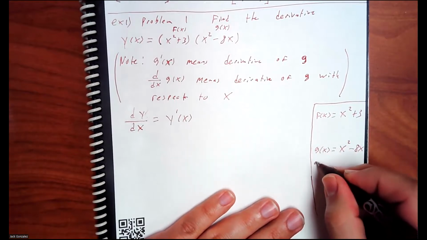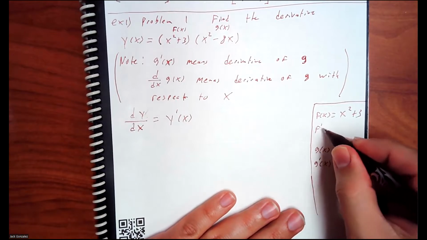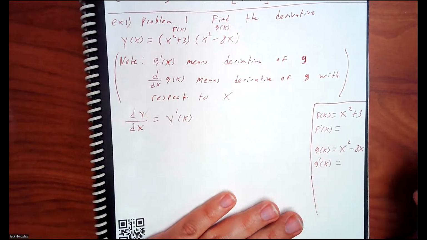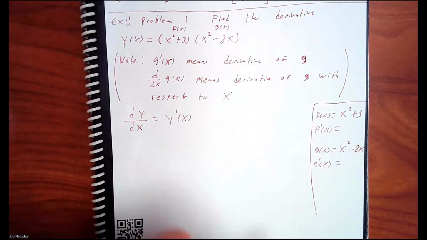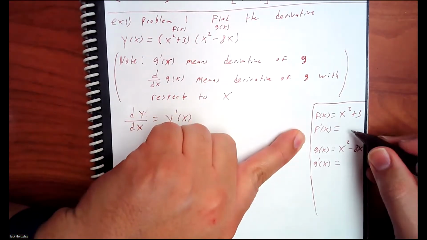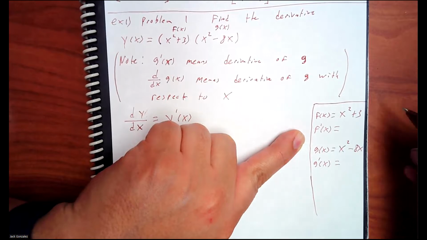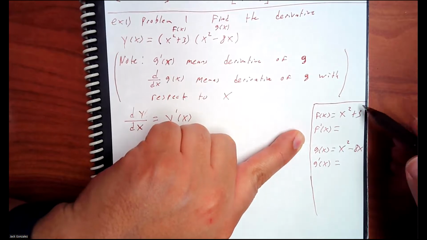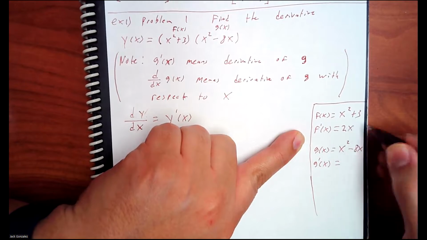So what is g prime? What is the derivative of f and the derivative of g? This will be 0 for sure, right? But this guy will be 2x, right?